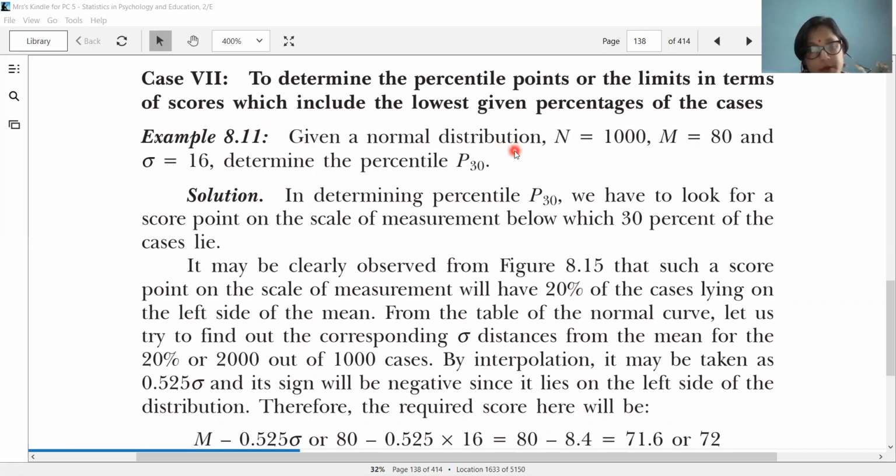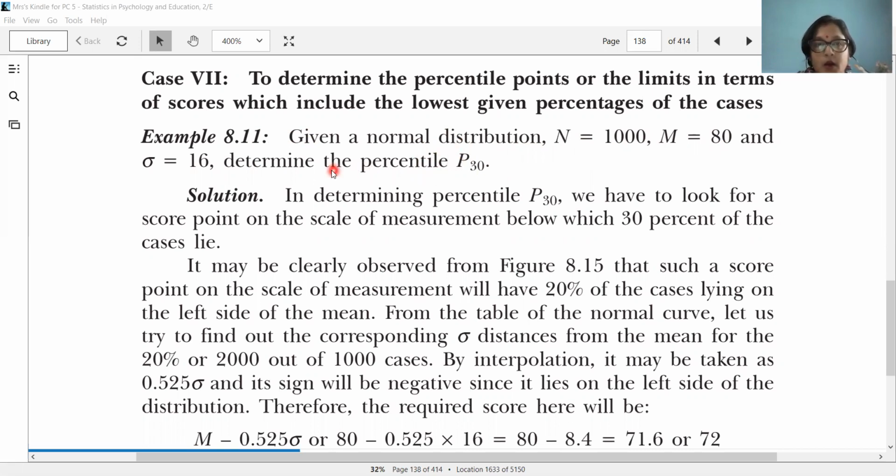Given a normal distribution N is equal to 1000, M 80, and sigma 16. Determine the percentile P30. Here you need to understand first the problem.